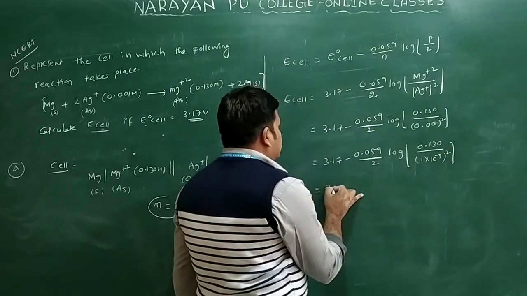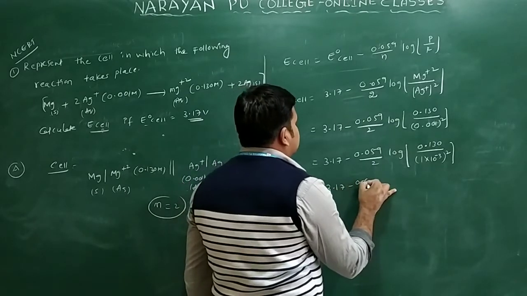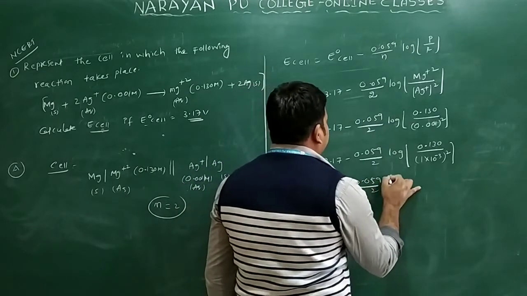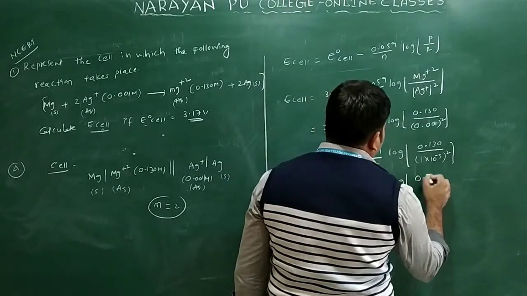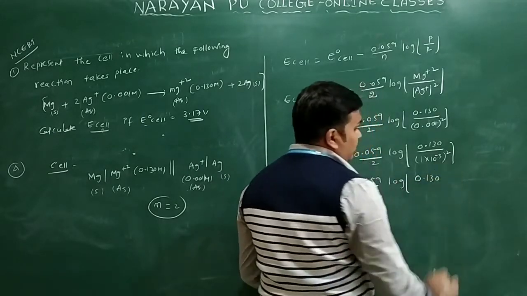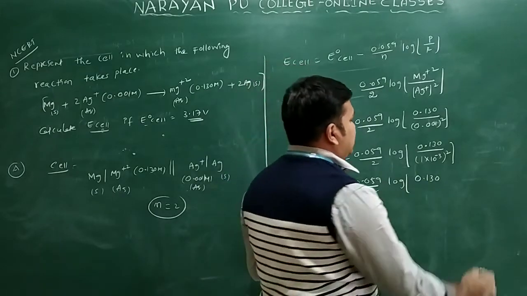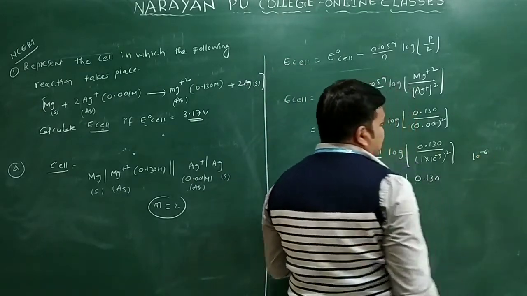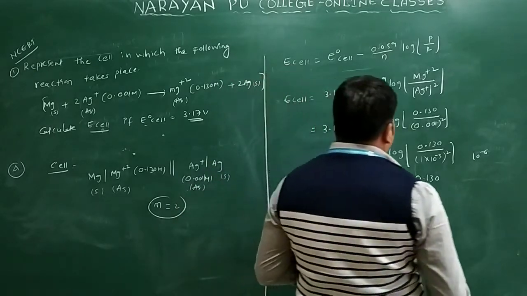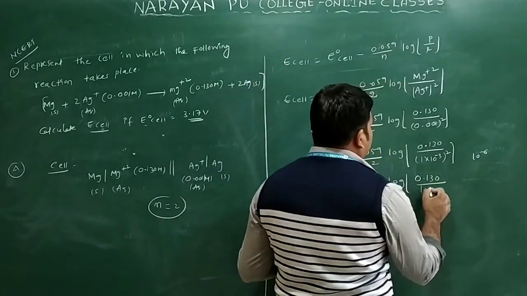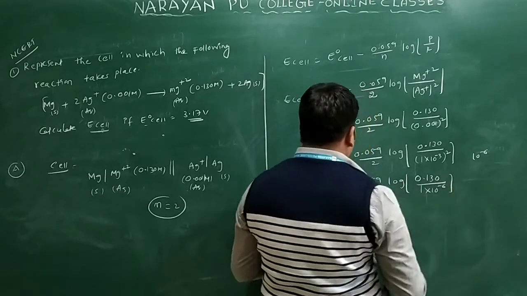So if you write this, it is 3.17 minus 0.059 by 2 into log 0.130. Let us see here, 10 power minus 3 whole power 2, how much? 10 power minus 6 only. If you change the position, what will you get? 10 power 6 only. Directly I am writing this, otherwise I would convert it in one more step: 1 into 10 power minus 6 only.